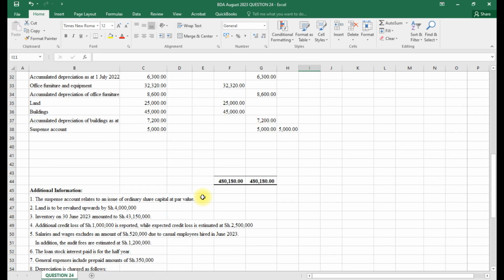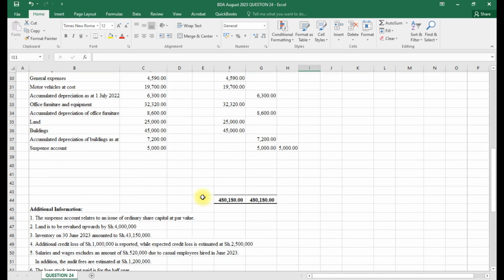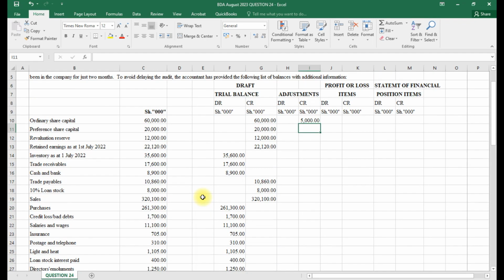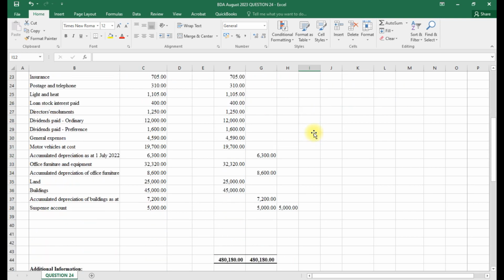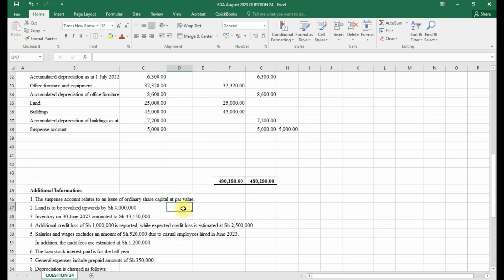Then the second one, land is to be revalued upward by 4 million. Remember, we're dealing with shillings in thousand. So when you look at land, we had revaluation reserve here. So revaluation reserve, we shall credit here 4,000. I can just put here 4,000 for ease of reference.